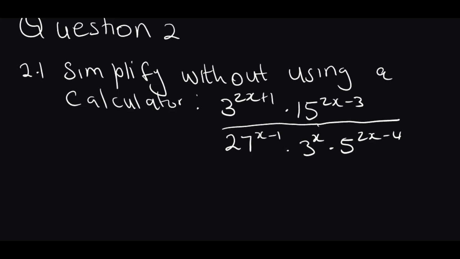We have 3 to the power 2x plus 1 times 15 to the power 2x minus 3, all over 27 to the power x minus 1 times 3 to the power x times 5 to the power 2x minus 4.